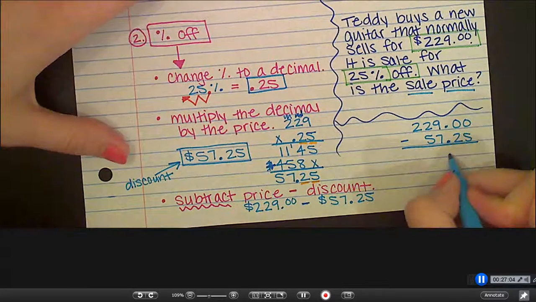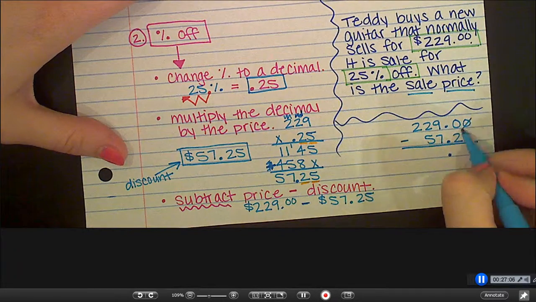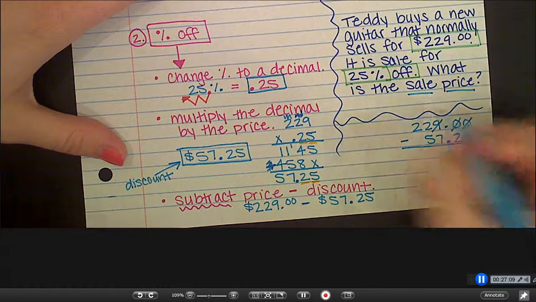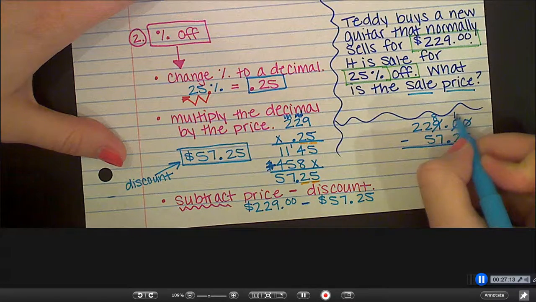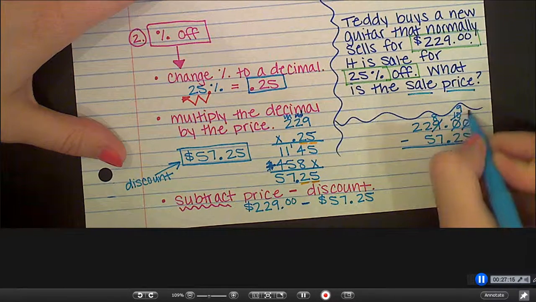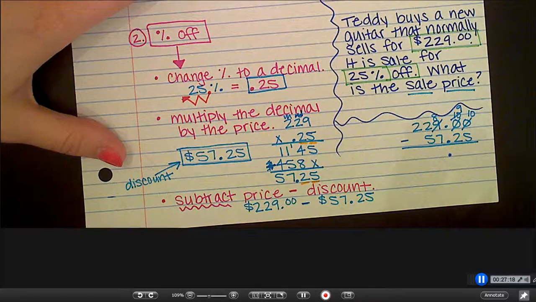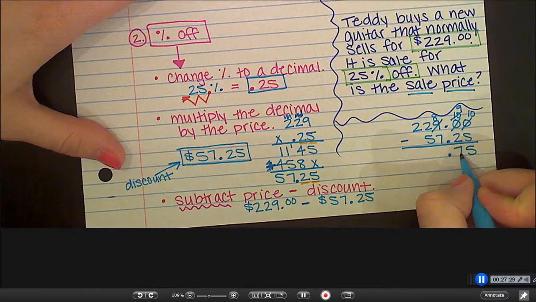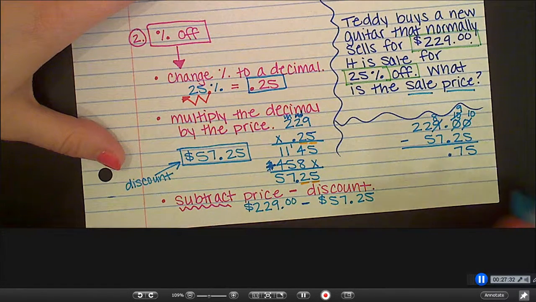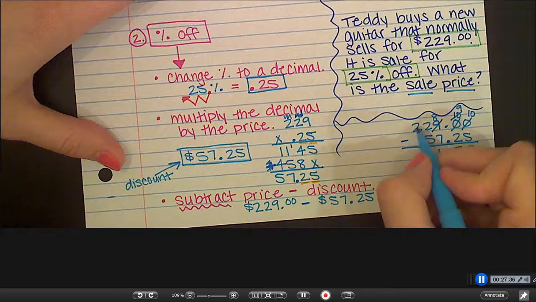So let's drop our decimal and then we can start subtracting. Okay, I'm going to have to borrow here. So this 9 becomes an 8. And this becomes a 10, but really I'm going to have to borrow from that again. So that becomes a 9 and this becomes a 10. Make sure you've gotten all of your borrowing done. Alright, 10 minus 5 is 5. 9 minus 2 is 7. 8 minus 7 is 1. 2 minus 5, gotta borrow again.